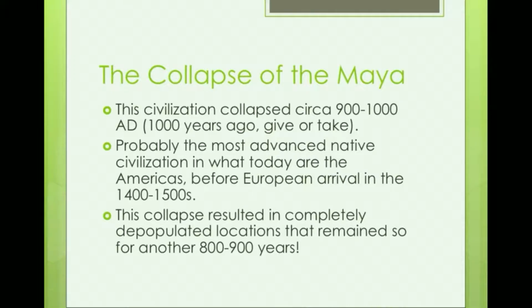What's interesting is that it resulted in a completely depopulated location that remained so depopulated for the next 800, 900 years. Literally, this population of over 2 million people, it was estimated at the time, was completely wiped out. And the same area was completely depopulated for another 800, 900 years.